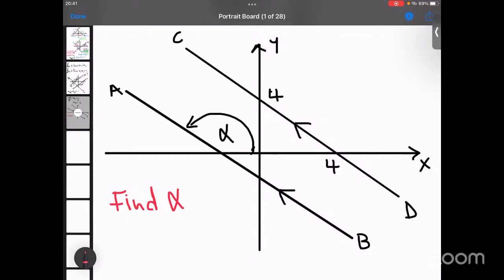So let me ask, do you guys have an idea of where to start? Or is it again a difficult question?